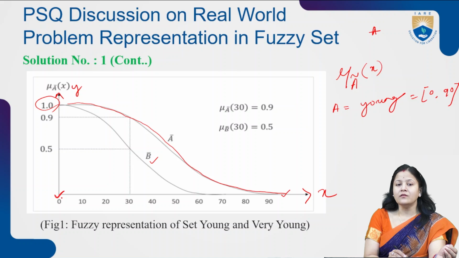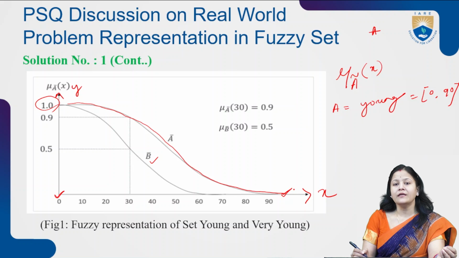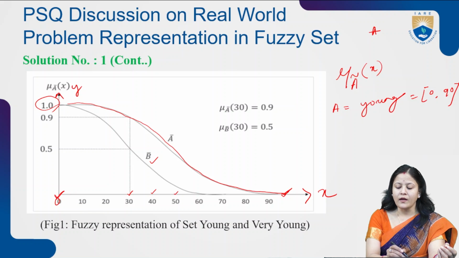As we move towards 90, slowly 0 years, then 10 years, 20 years, moving away from 0, and when the person reaches 90 years of age, the youngness of the person will vanish, which is nearly equal to 0. But what happens if the age of the person is 30, 40 or 50 years? That is very important, how we can assign the membership value. We have understood that at age 0, the membership value is 1. At the age of 90, the membership value is completely 0.